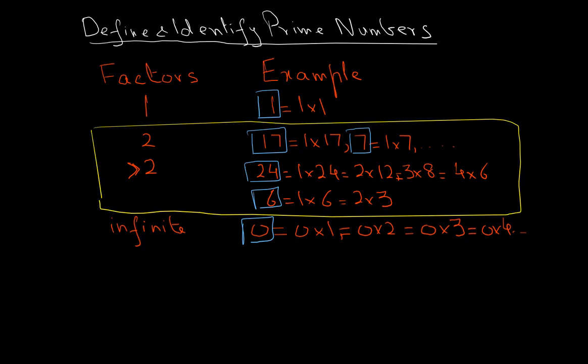This is the category of prime numbers. Numbers which have exactly two factors are called prime, and numbers which have more than two but finitely many factors are called composite.